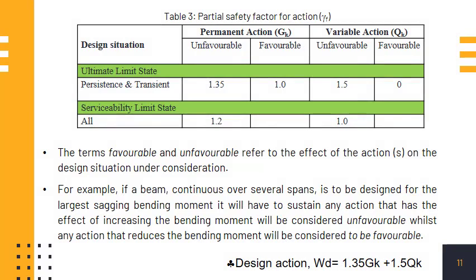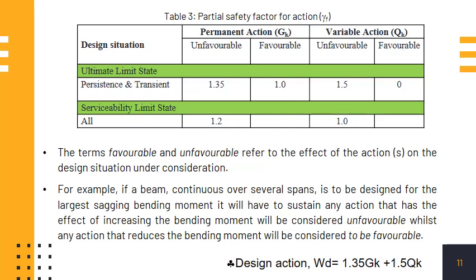Safety factor also applied on action, both for Gk and Qk. The term favorable and unfavorable refer to the effect of action on design situation. As for your knowledge, here I provide example for both favorable and unfavorable. If you have a continuous span where it has to be designed for larger sagging moment, it will have to sustain any action that can cause increased bending moment.